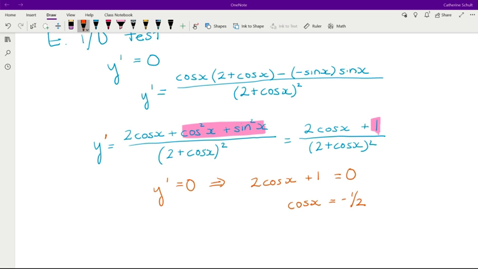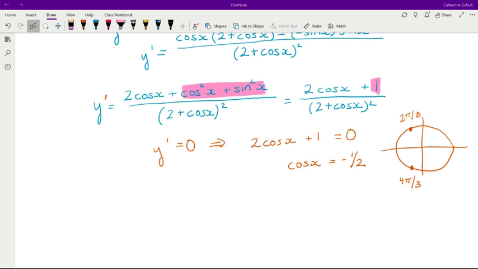Well, several places. Infinitely many places. So cosine is negative over here, where the x is negative. And when it's negative 1/2, that is at like 2 pi over 3 and 4 pi over 3, et cetera, et cetera.